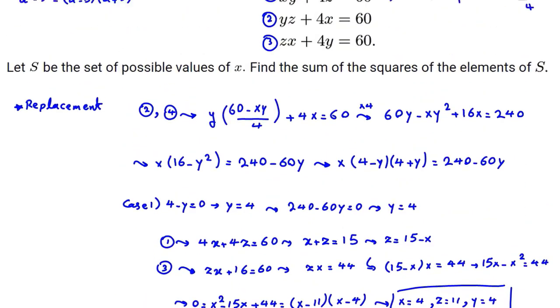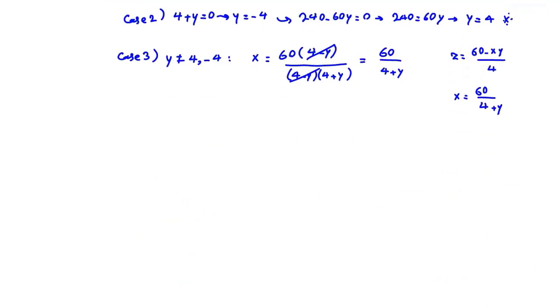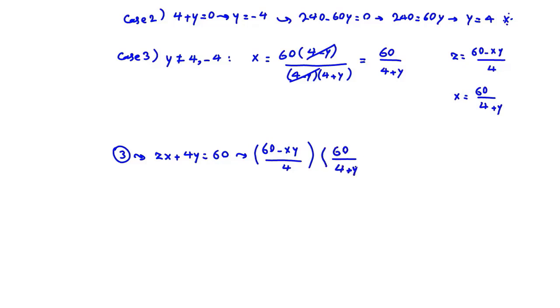Now, we consider the third equation, zx plus 4y equal to 60. Now let's replace. Instead of z, we write (60 minus xy) over 4 times x. We replace this x with 60 over 4 plus y, plus 4y equal to 60.